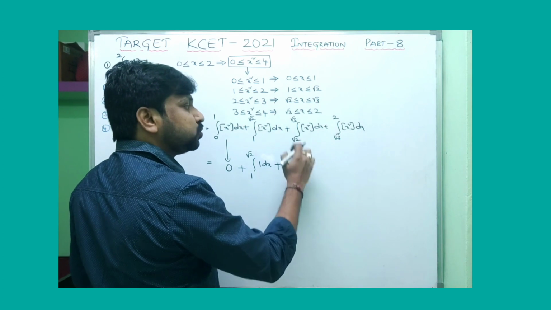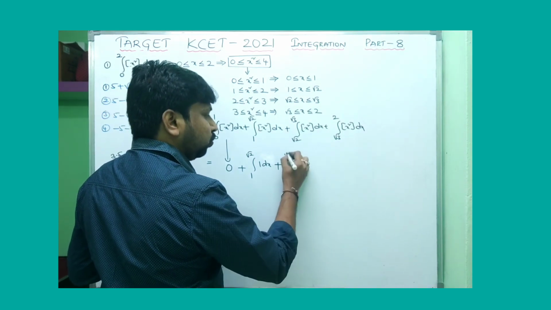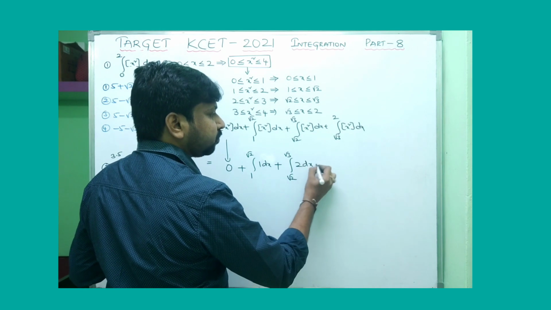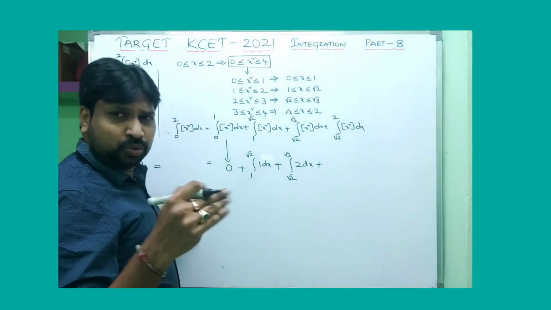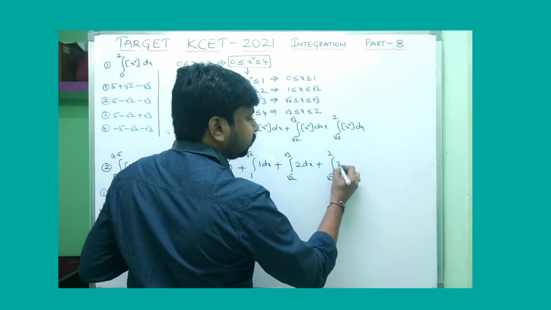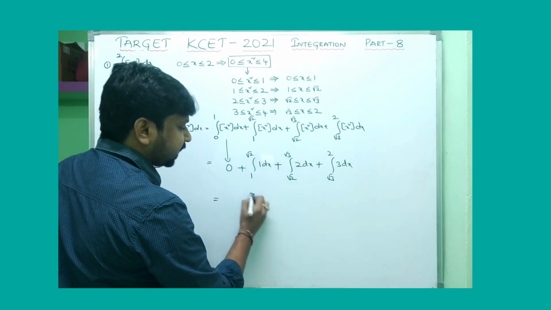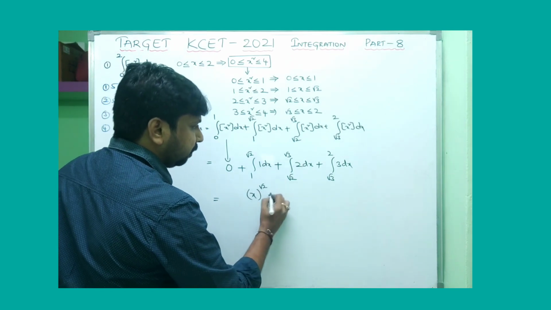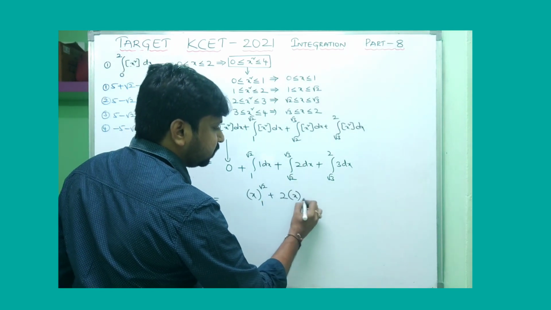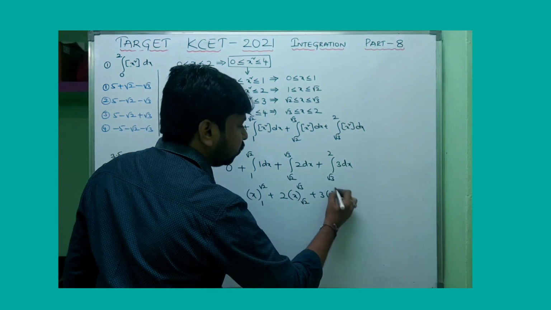So between these two results, the least value is nothing but 2 only. So integral root 2 to root 3 of 2 dx. If you substitute root 3, root 3 whole square means 3, it gives 3 dx. This can be written as integral 1 dx, x between the limits 1 to root 2, plus 2x between the limits root 2 to root 3, plus 3x between the limits root 3 to 2.